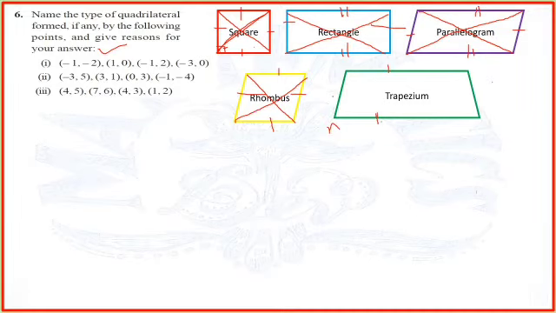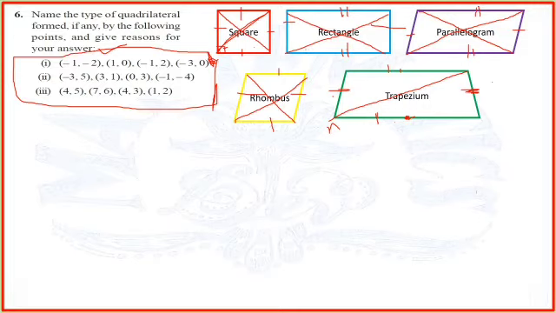So here you need to see that if none of the sides is equal to the other side, then we say that it is a trapezium, because here you will not find these two sides equal, except maybe in a very rare condition. Otherwise this side will not be equal to this side, and the diagonals may or may not be equal. Okay, after knowing all the properties of these five quadrilaterals, you can start with the first, second and third.